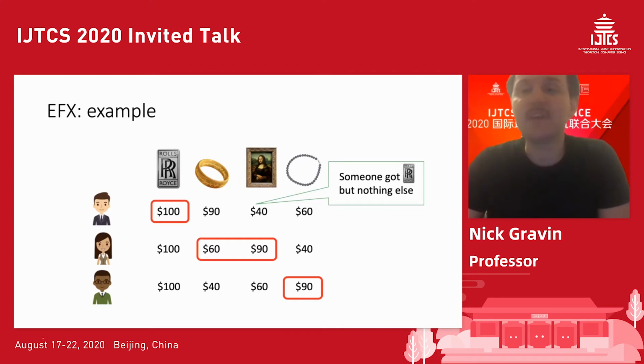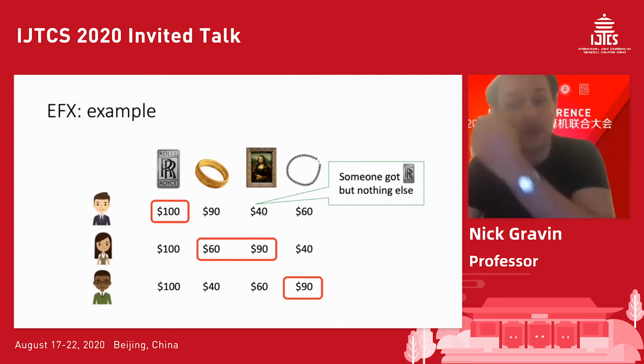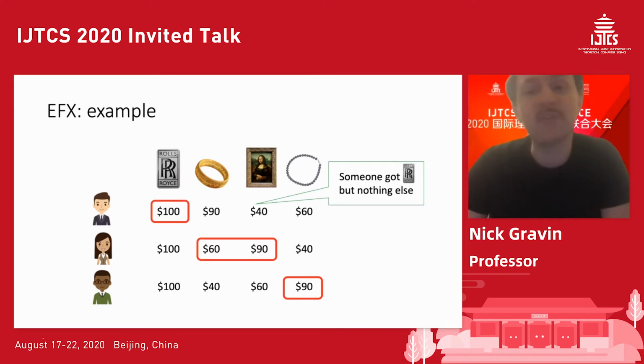As I said, somebody got the Rolls-Royce, but this person doesn't get anything else. So it's basically unavoidable in this type of allocation. And similarly, it's unavoidable that somebody gets 2 items. So in some sense, you can see that this allocation is much easier to justify to users who give this type of instances to the platform.